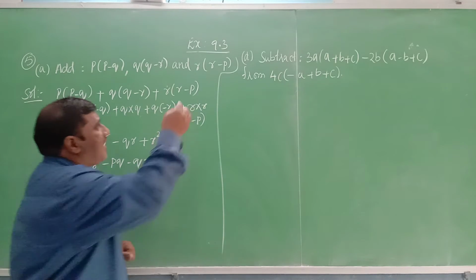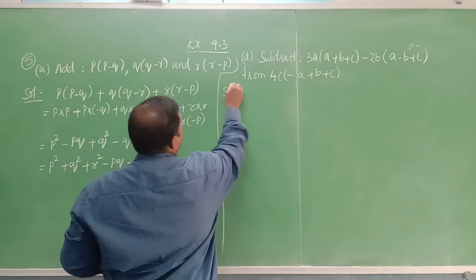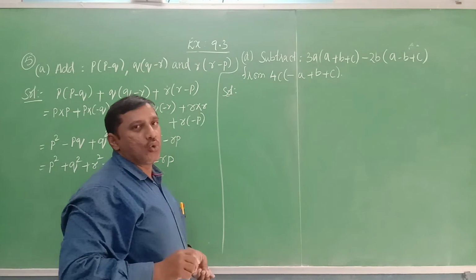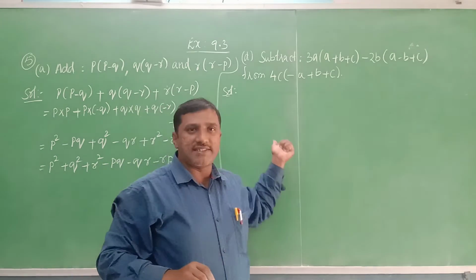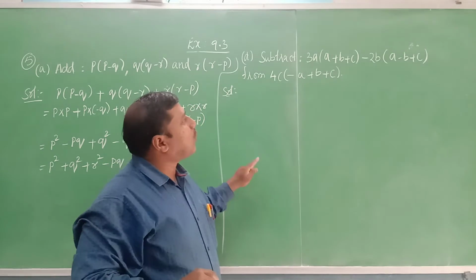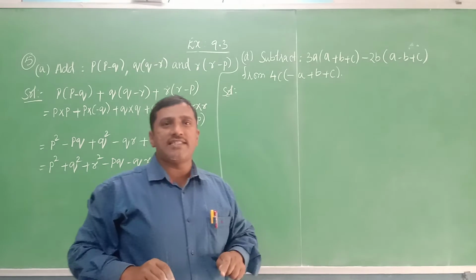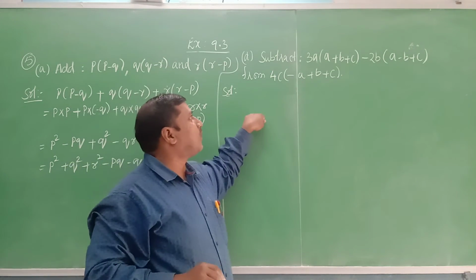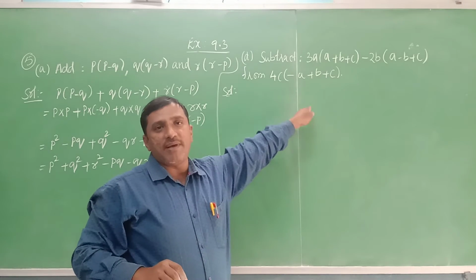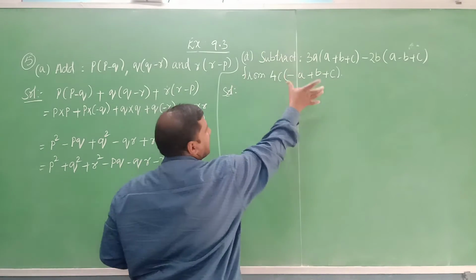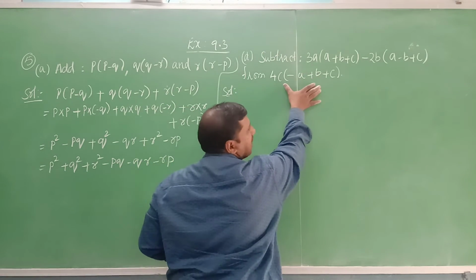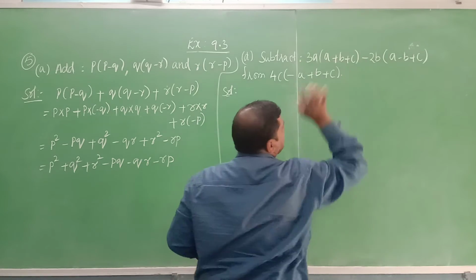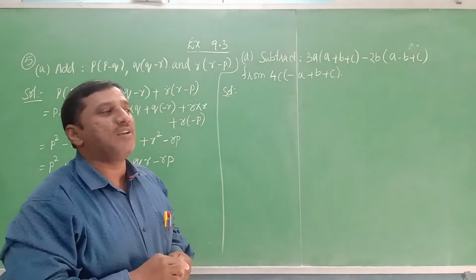Next, the question is: subtract 3a into whole a plus b plus c minus 2b into a minus b plus c from 4c into minus a plus b plus c. From this expression, we have to subtract this expression, but it is not in the simplified form.